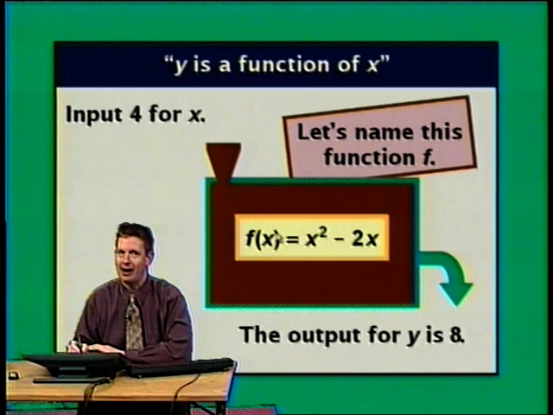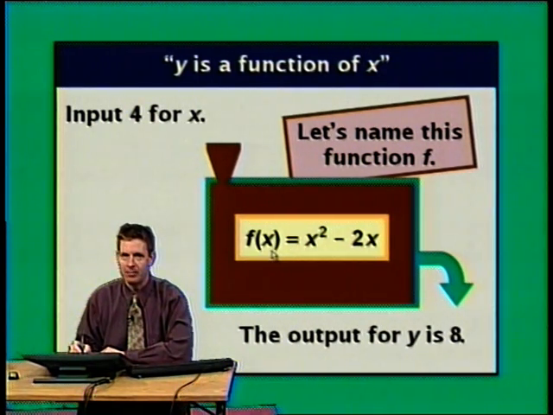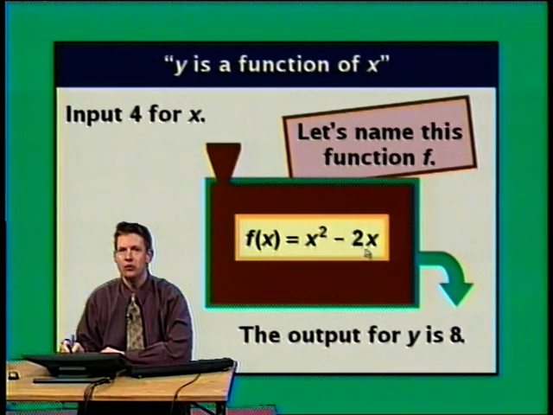This set of symbols is read f of x. And what it's saying is, when we input a value for x, the output from the function f is determined by the formula x squared minus 2x.